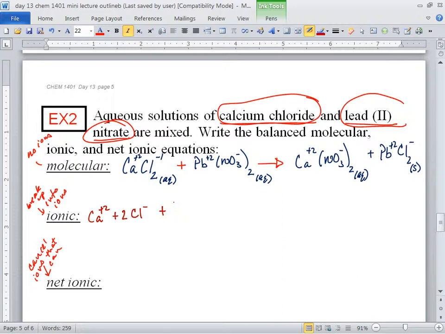Now we got to break up the lead 2 nitrate. You break it up into what? Pb +2. NO3 -1. But don't forget, there's how many of them? 2 of them. Okay. And that goes to calcium nitrate.